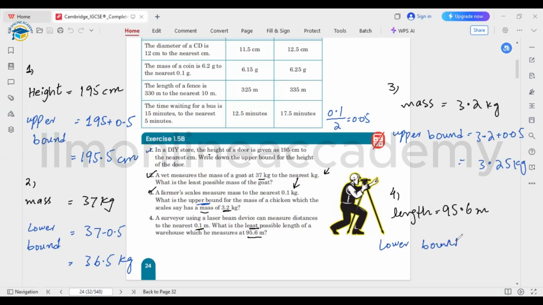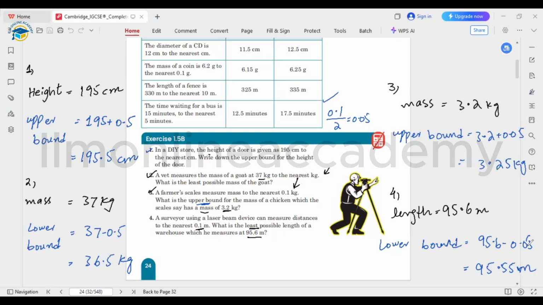The unit we use is exactly similar to the one I just found. So from 95.6, we need to subtract 0.05 this time. Previously we were adding, but now we subtract. This will be 95.55. The unit is given in meters, so we write it in meters as well.